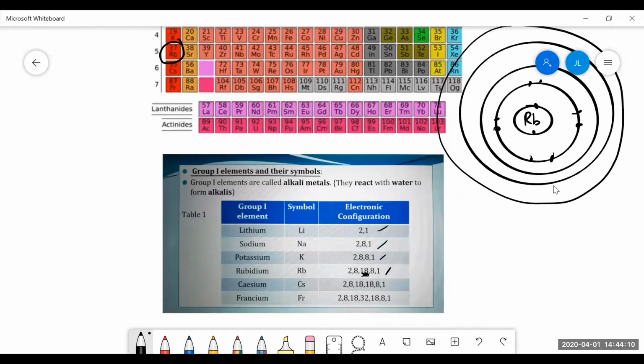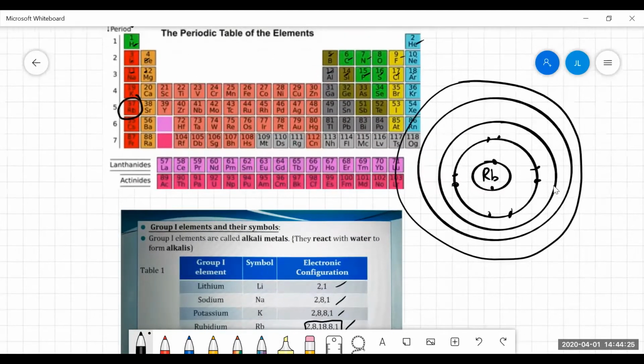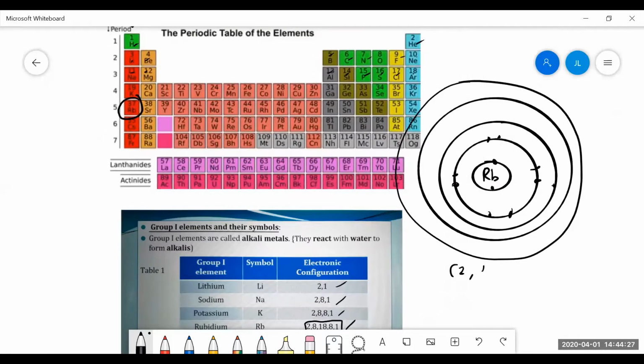We see the electronic configuration of rubidium is 2, 8, 18, 8, 1. How do we determine this? By just looking at the periodic table. Okay, let me write here: 2, 8, 18, 8, 1.